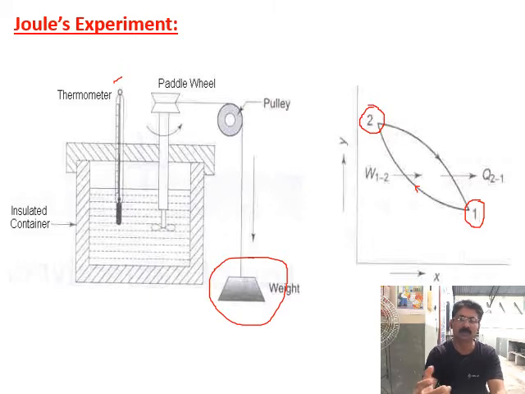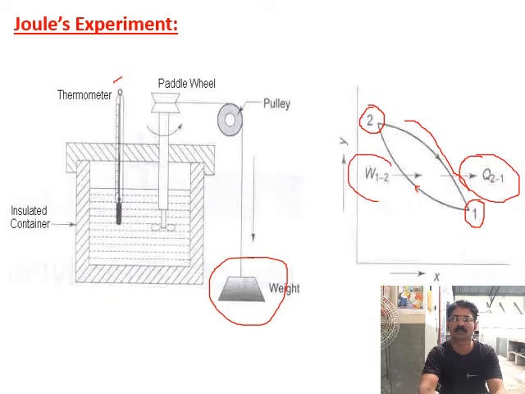If you want to know the amount of heat transferred to the substance, he removed that heat by transferring it to a water bath, and when the substance was brought back to state 1 along the path 2 to 1, he measured this Q2 to 1. Earlier he found W1 to 2, and he found that these two quantities are equal in magnitude.